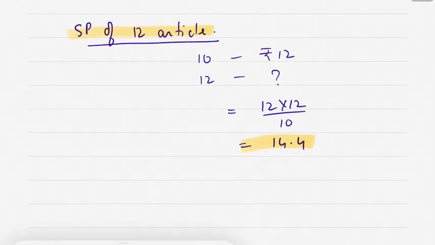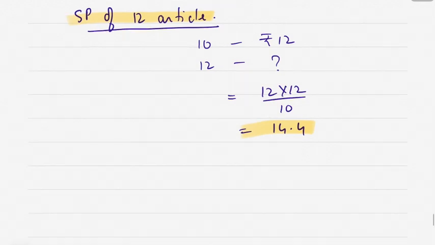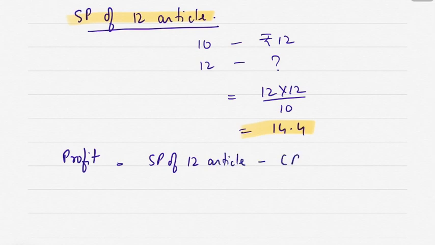Profit is equal to selling price of 12 articles minus cost price of 12 articles.